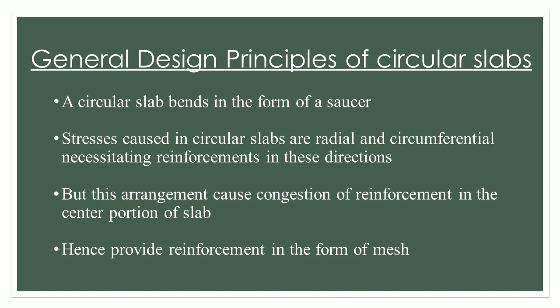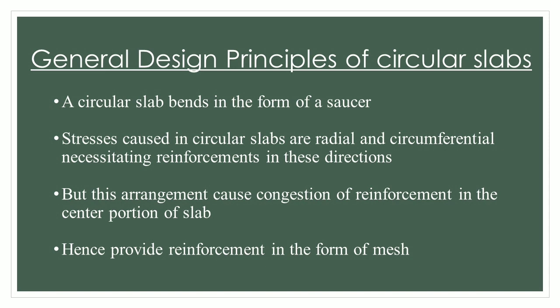When a circular slab, simply supported at the edge, is loaded with a uniformly distributed load, it bends in the form of a saucer, due to which stresses are developed both in the radial as well as in the circumferential direction. The tensile radial and circumferential stresses develop towards the convex side of the saucer, and hence reinforcement needs to be provided on the convex face of the slab.